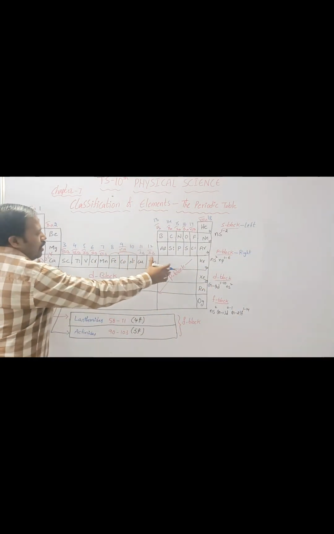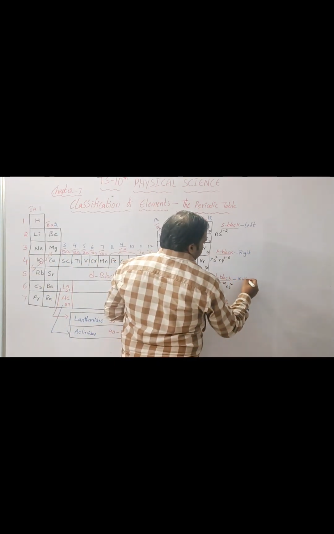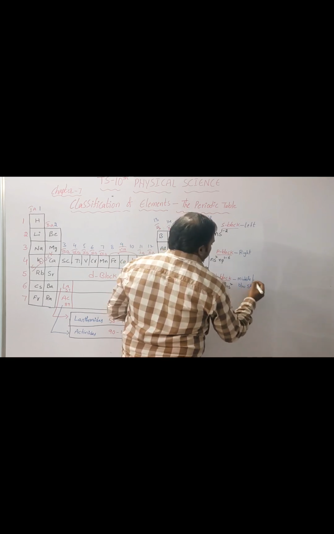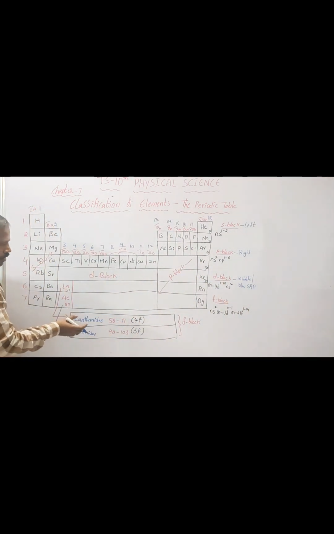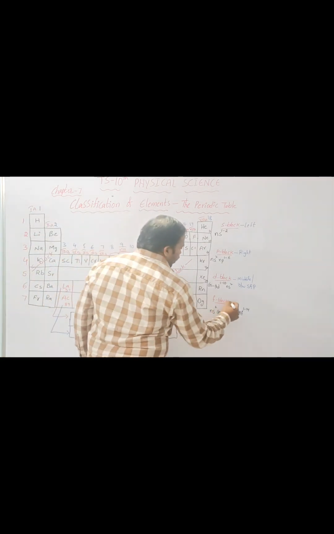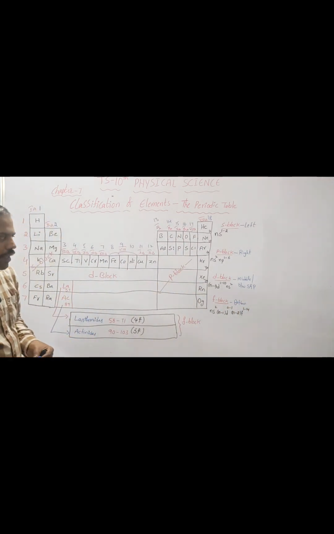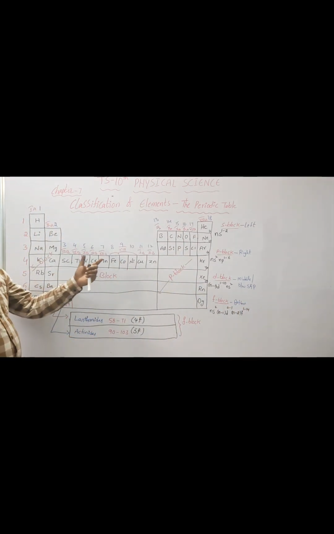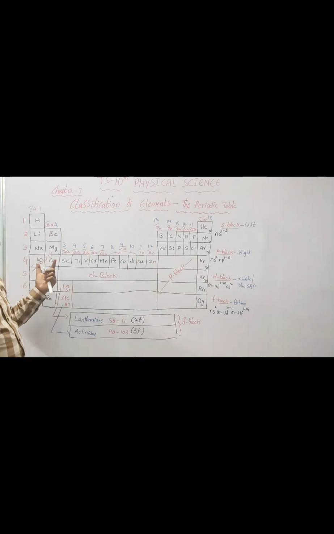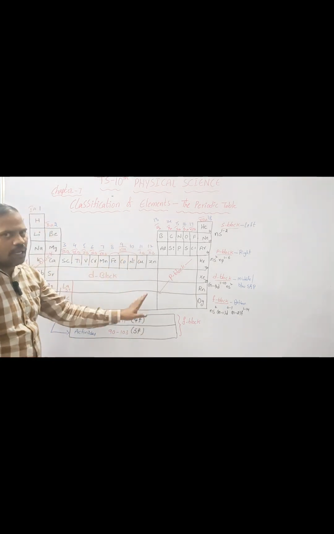They are in the middle, between the S and P blocks. So where are the F block elements? They are at the bottom of the periodic table. So the S block is on the left side, the P block is on the right side, the D block is in the middle of the periodic table between S and P, and the F block is present at the bottom of the periodic table. So this is the arrangement.